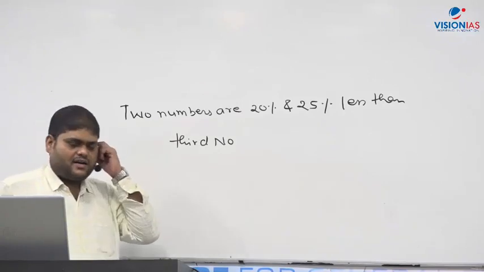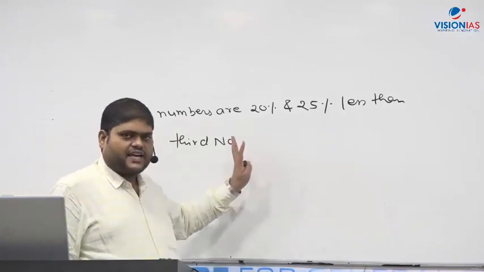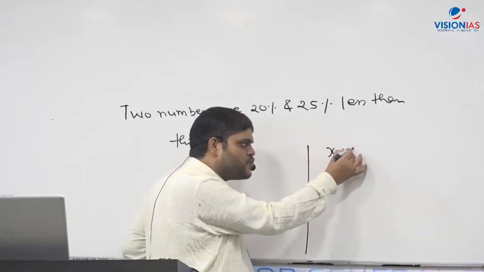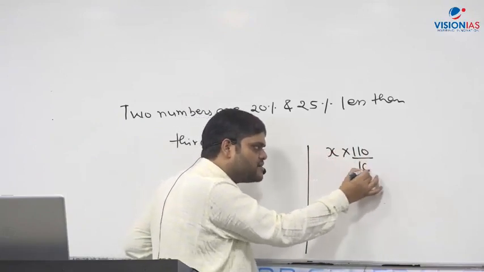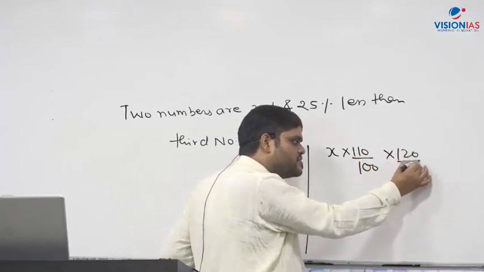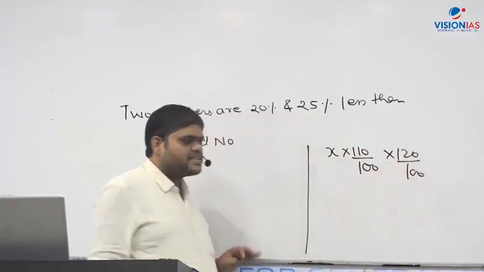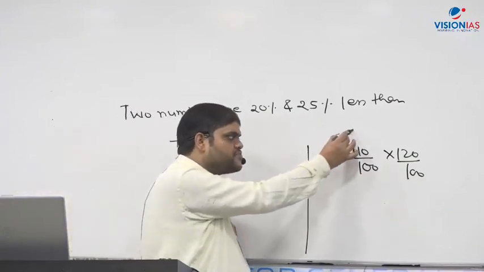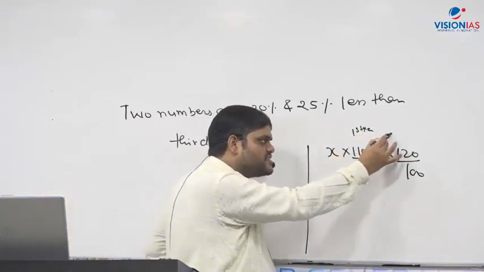See, just wait here, just one doubt here. Suppose I am writing X into 110 upon 100 and then 120 upon 100. So what does this mean? This means that suppose this is the first year, this is the second year.